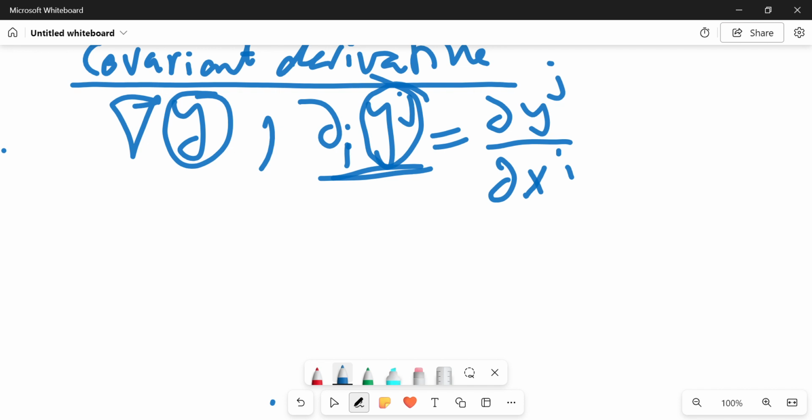This is a scalar, but this one here is a vector. In order to have an invariant derivative, which doesn't depend on the coordinates, we define the covariant derivative as follows.